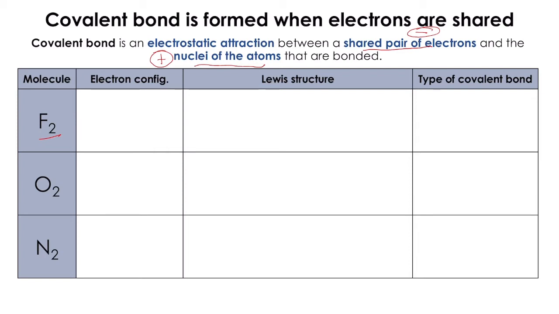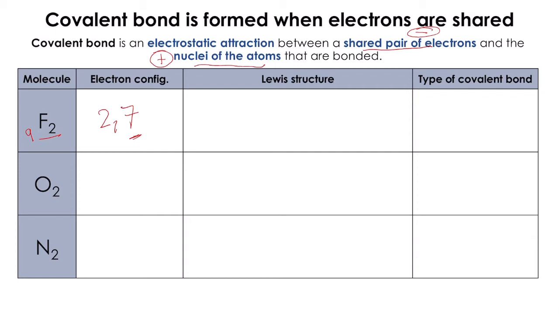We already know that fluorine has 9 electrons from the periodic table. You can always check that. So it is 2, 7. Okay, so it has 7 electrons in the last shell. How many electrons are needed for this fluorine atom to make its last shell full? Of course, it needs only 1 electron.